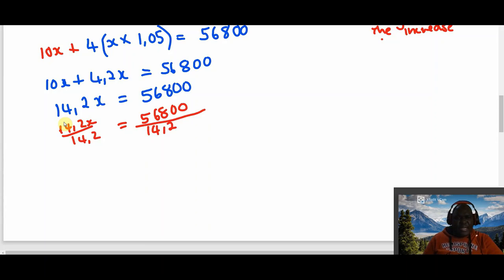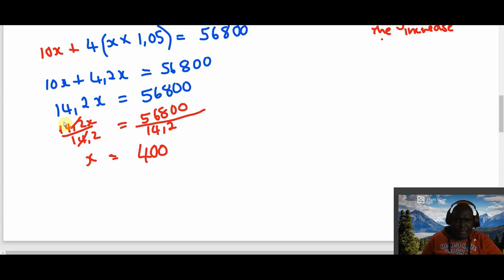So if we divide, this will cancel this, and we'll be left with x equals 56,800 divided by 14.2, which gives us 4,000.